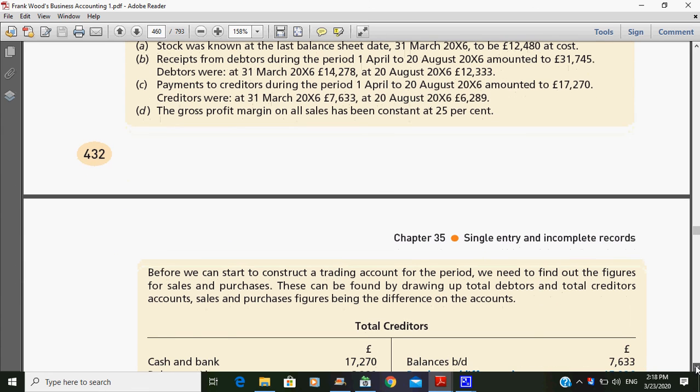Alright. Before we can start to construct a trading account for the period, you need to find out the figures for sales and purchases. This can be found by drawing up the total debtors and creditors accounts, the sales and purchases figures being the difference on the accounts. Remember the last time.